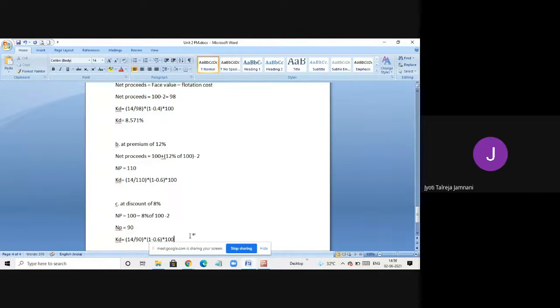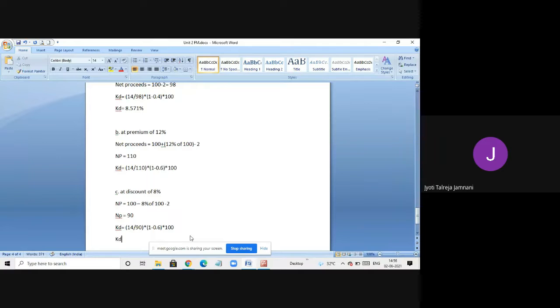I'm trying the answer for this as well. Anybody did it for the above? 14 divided by 110 into 0.6 into 100, 7.636%.